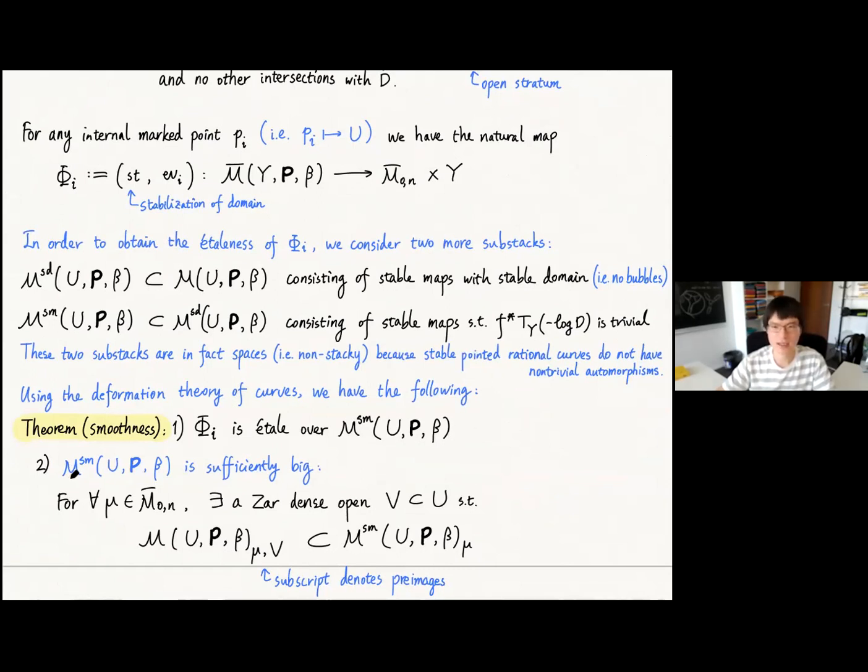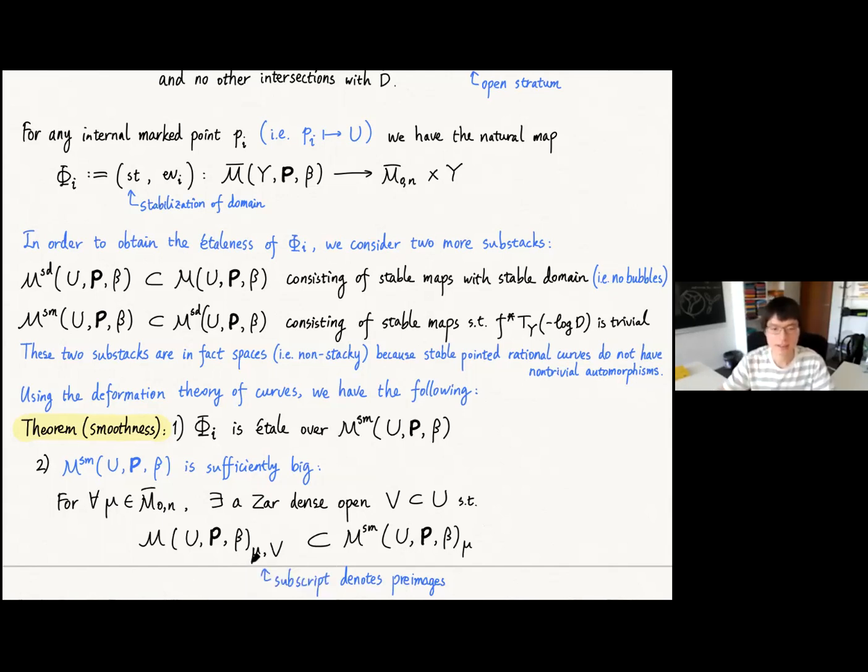So we have to show that M smooth is sufficiently big, in the sense that for any fixed modulus mu inside the space of stable n-pointed rational curves, there exists a Zariski dense open V inside U such that when we restrict our moduli stack MUP beta to mu and V, it is contained in the subspace M smooth.